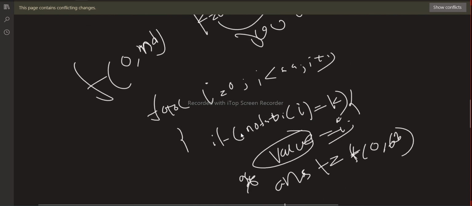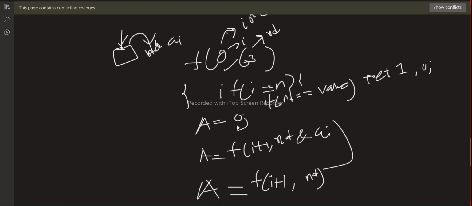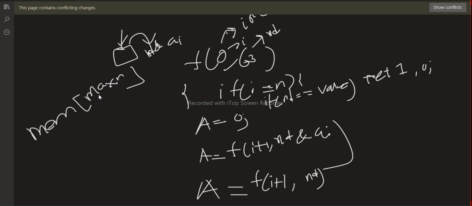See, so this is a dynamic programming, right? So I have to memoize it. So I have taken a memoization table which is mem, of size max n into 64, 2 into 10 to the power 5 and 64, because my n cannot be other than 63. So it is max n into 64.